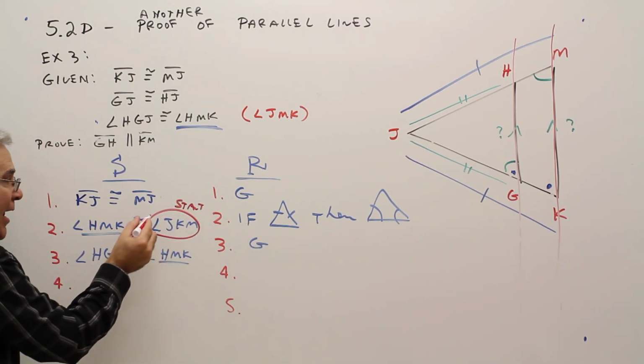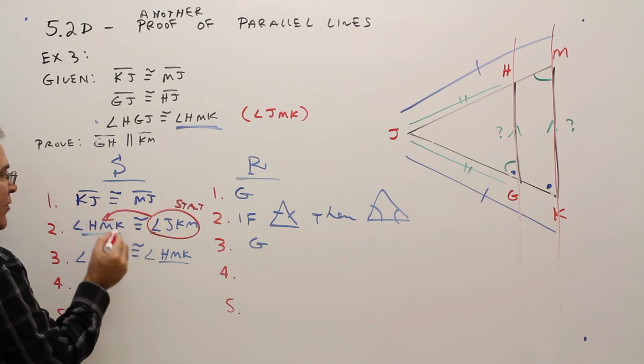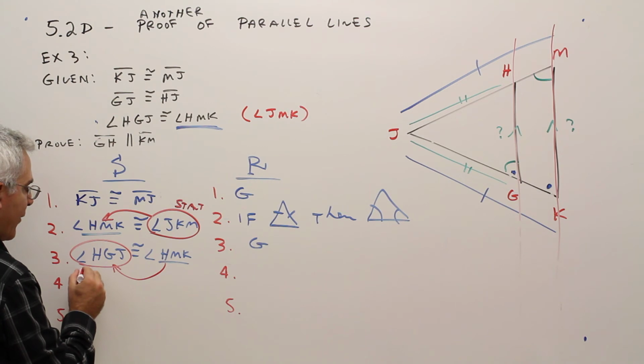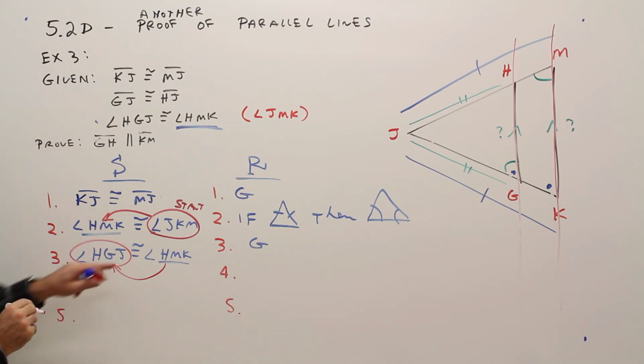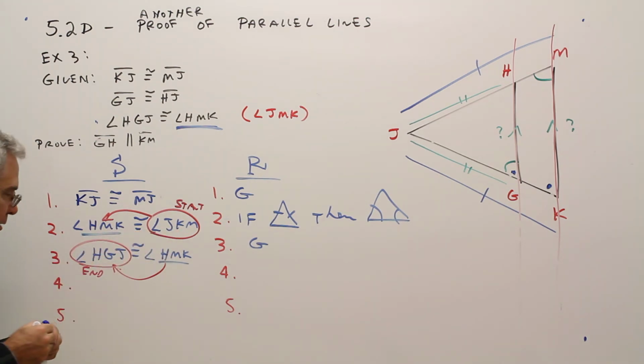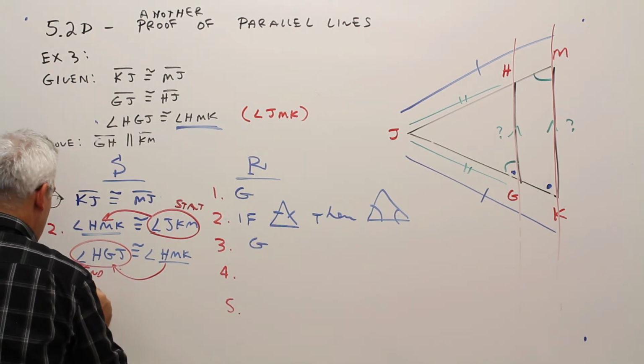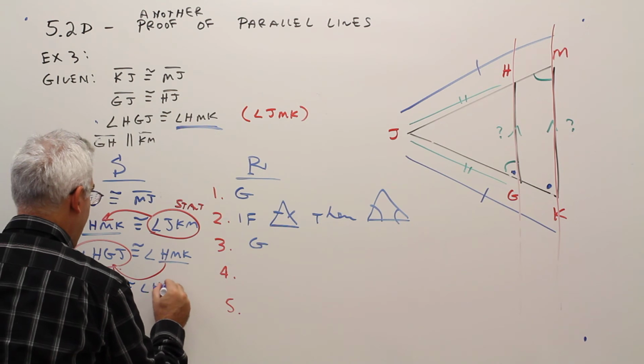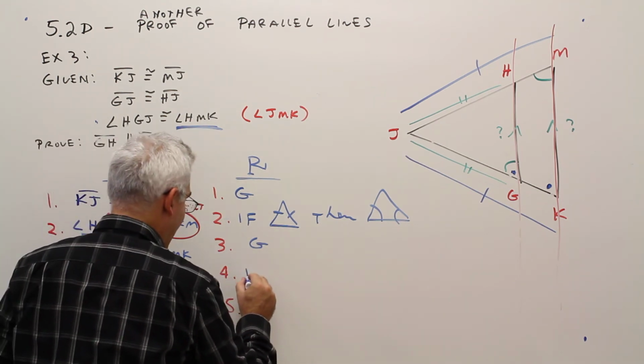If angle JKM goes to HMK, then if HMK goes to there, that's where I'm going to be ending. So I can now say that angle is congruent to that angle. Angle JKM is congruent to angle HGJ by transitive.